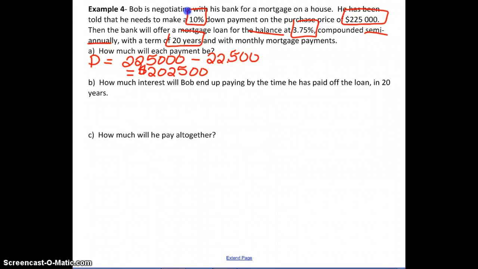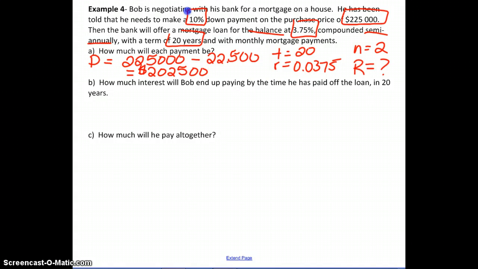We also know that T is 20, r is 0.0375, n is 2. I think that's all we need. So we're looking for R, the regular payments.